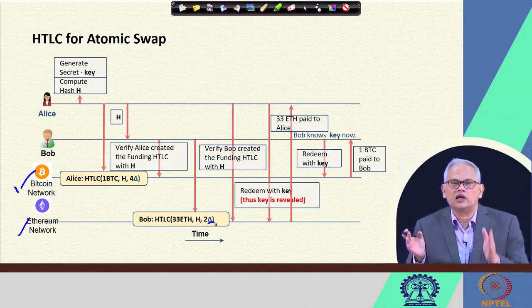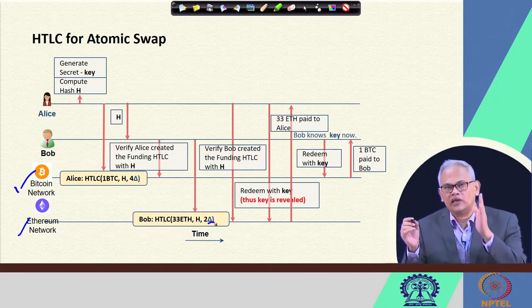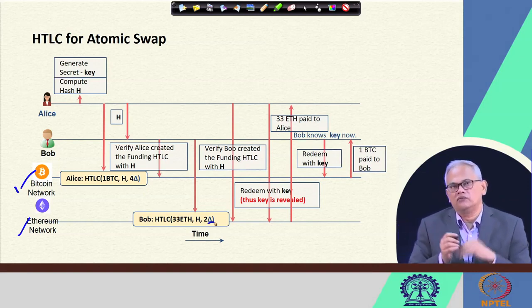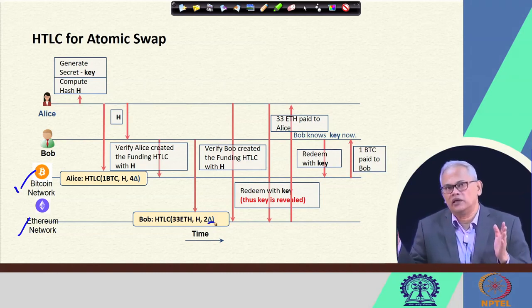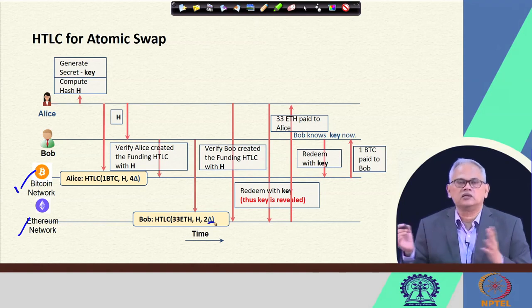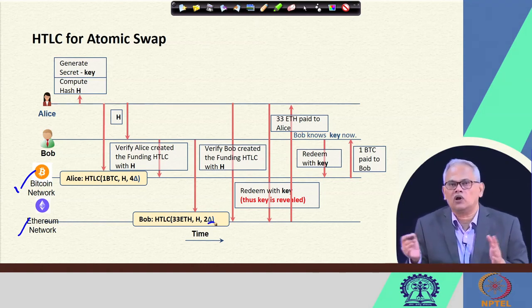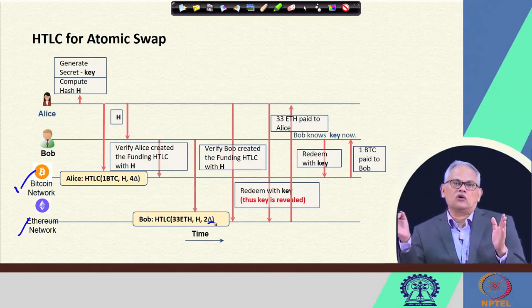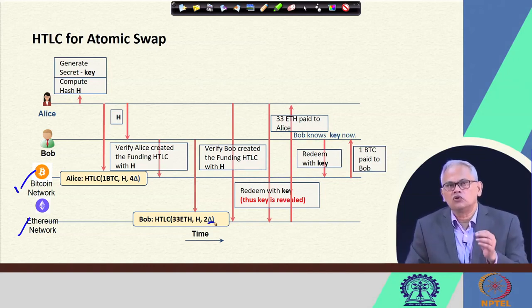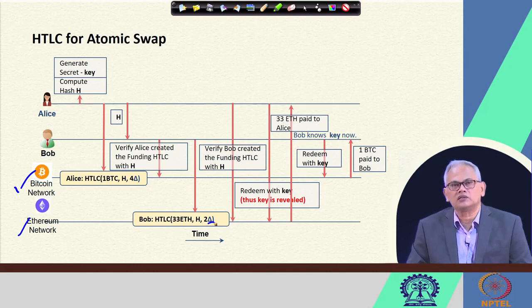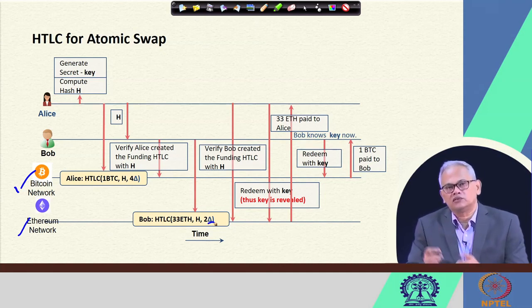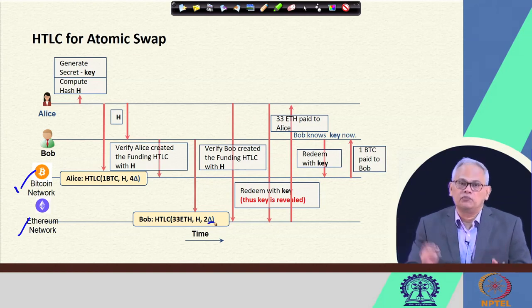Take it like this: 4 delta is such that when Alice starts at, say, 5 p.m., it will time out at, say, 9 p.m. So, 4 delta is 4 hours. Alice's contract will time out at 9 p.m. Say Bob checks everything and creates the contract at, say, 6 p.m., and will set delta such that this 6 p.m. plus 2 delta is less than 9 p.m. So, say Bob sets it as 2 hours.